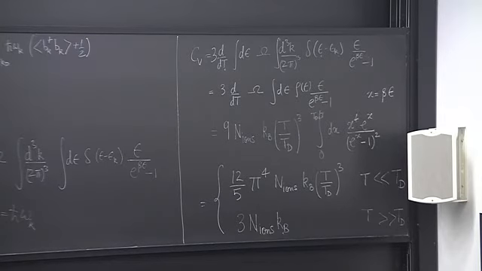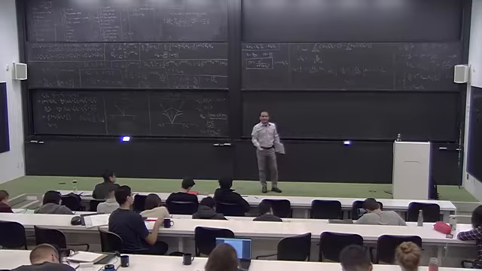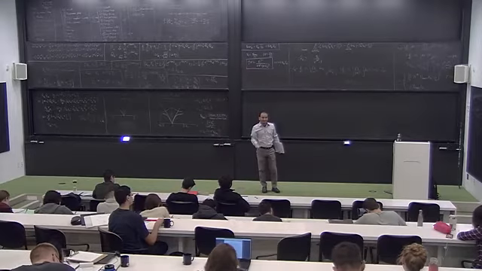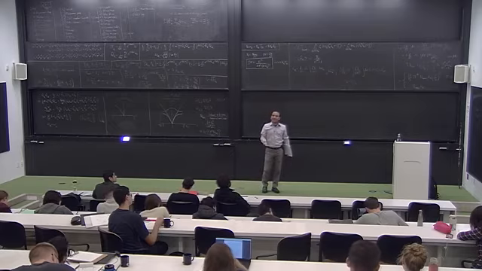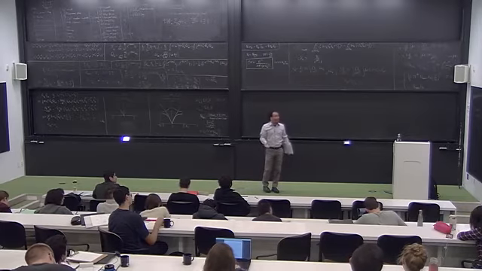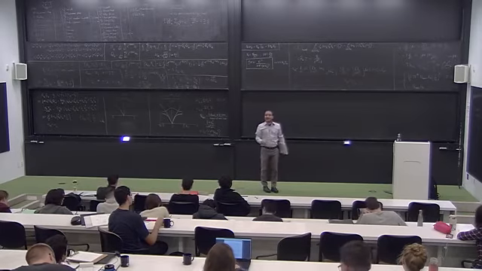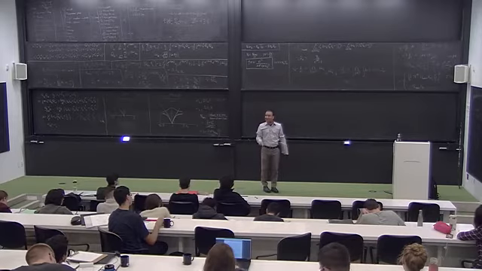So what we have shown here is that for large temperatures, temperatures much larger than the Debye temperature, you do get back the classical Dulong and Petit law. But for small temperatures, you now expect the specific heat to go to 0 in a cubic way.